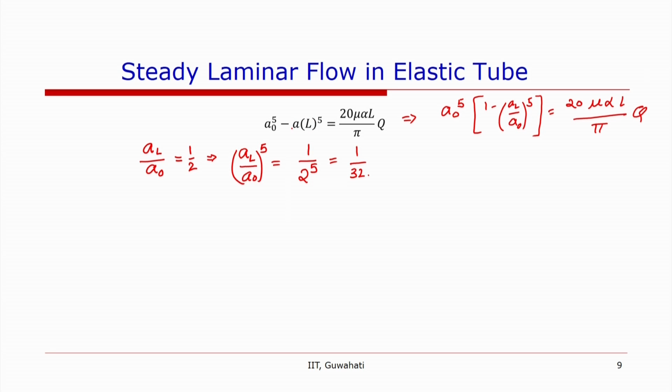So basically Q, for channel radius half of the initial radius or more, will be almost proportional to A to the power 5, because AL to the power 5 is going to be very, very small.